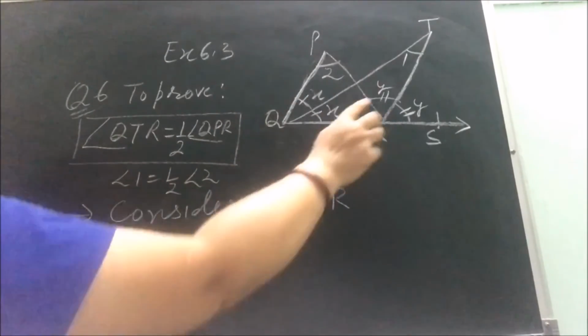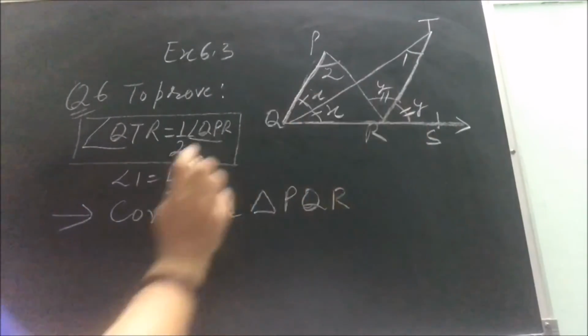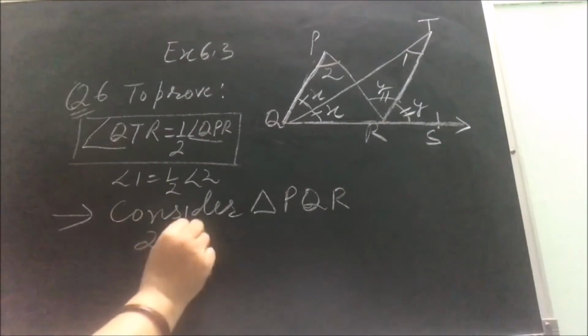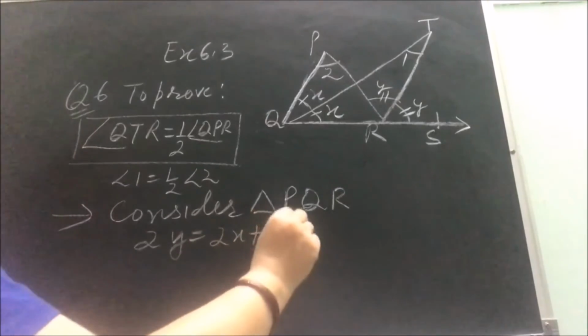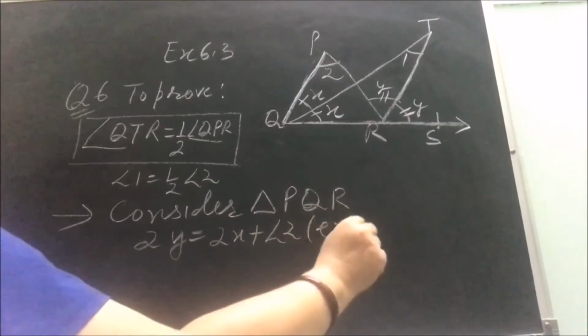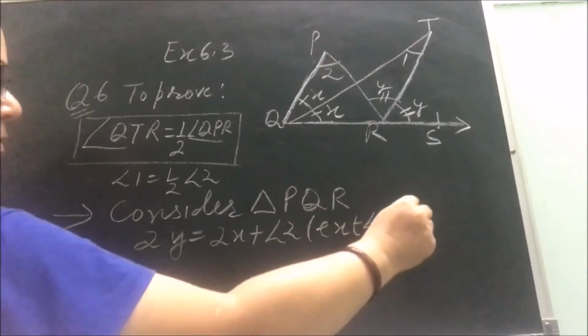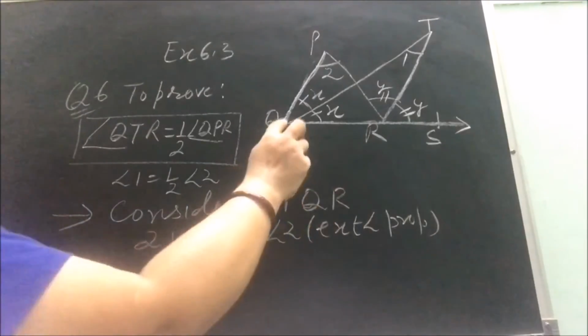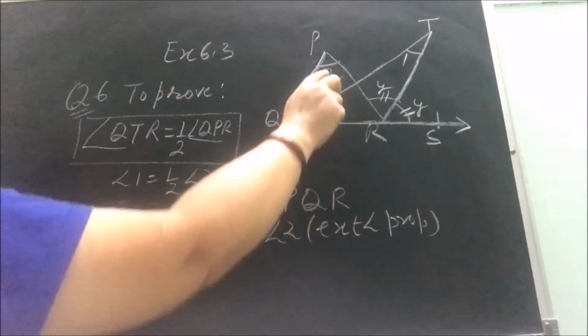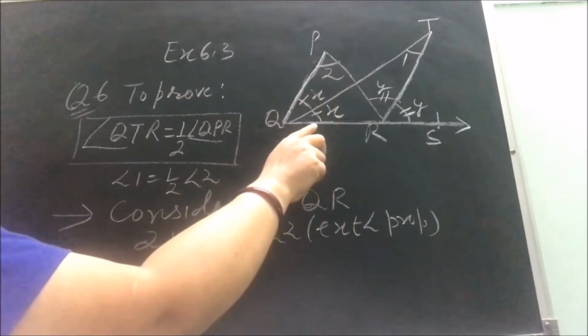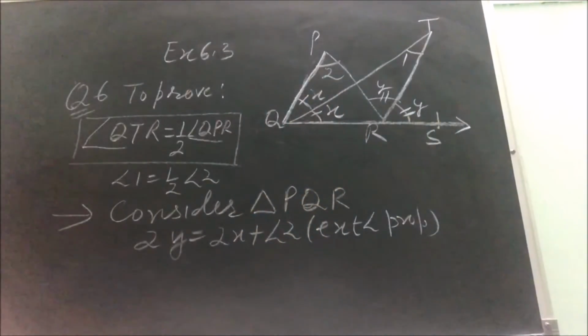For this PQR, 2y is exterior, right? So 2y is equal to 2x plus angle 2 by exterior angle property. See, for this triangle, this is exterior. So it will be equal to sum of opposite interior angles. One interior angle is 2x and another is 2. Right? So we have this equation.